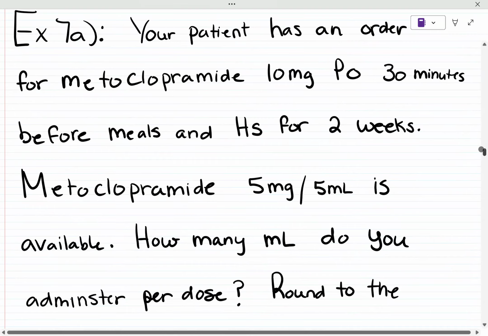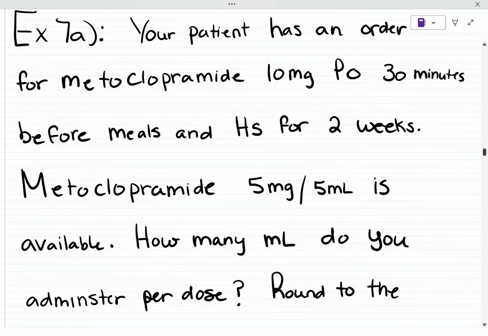Example 7A. Your patient has an order for metoclopramide 10 mg PO 30 minutes before meals and at HS for 2 weeks. Metoclopramide 5 mg per 5 milliliters is available. How many milliliters do you administer per dose, rounded to the nearest tenth? Our final unit shall be milliliters.